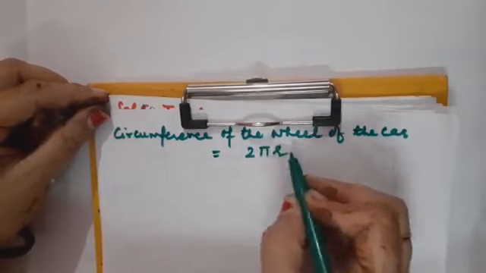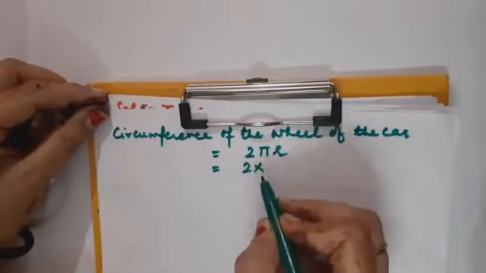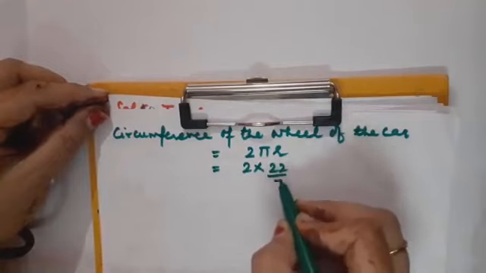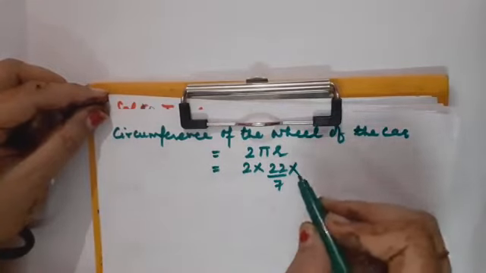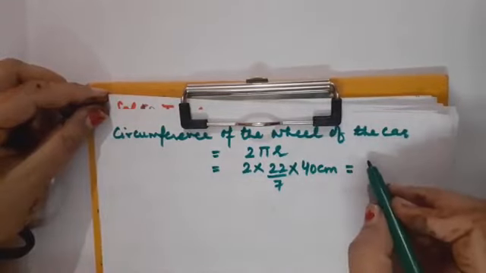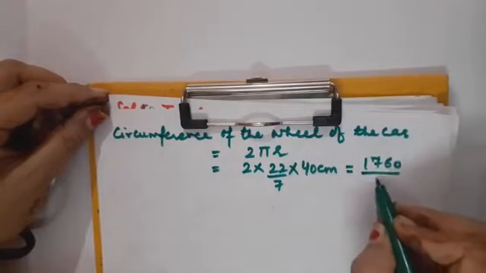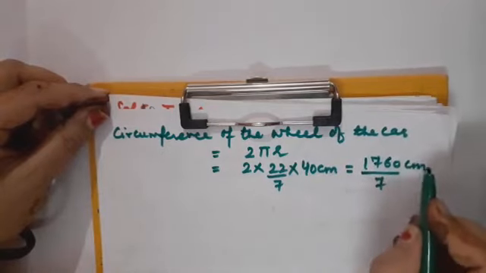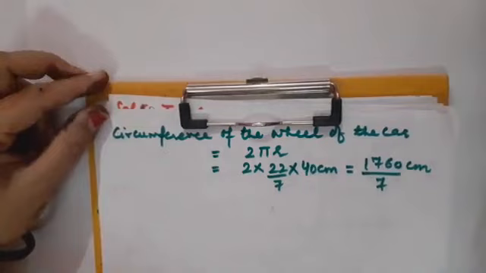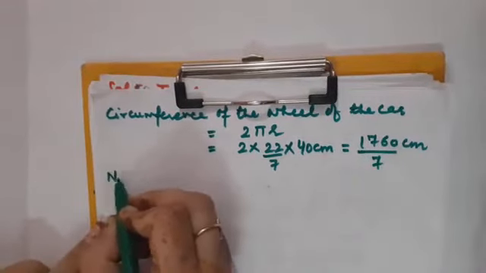That is 2 pi r. Okay. So it would become 2 into the value of pi, you know, that is 22/7, and radius is 40 centimeter. After simplifying it, children, I have got 1760/7 centimeter, because nothing is going to be cancelled. Clear?